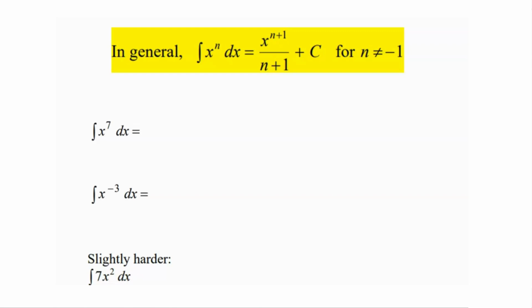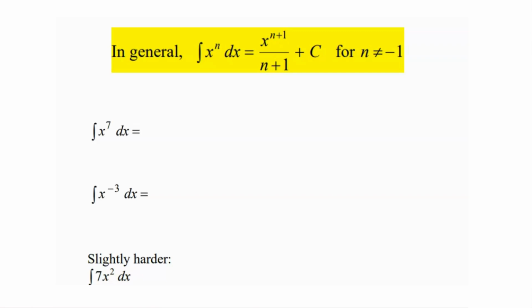In general, the antiderivative of x to the n dx is equal to x to the n plus 1, so you just add 1 to the exponent, then divide by that n plus 1, and then put your constant plus C on there. And this works for n not equal to -1.